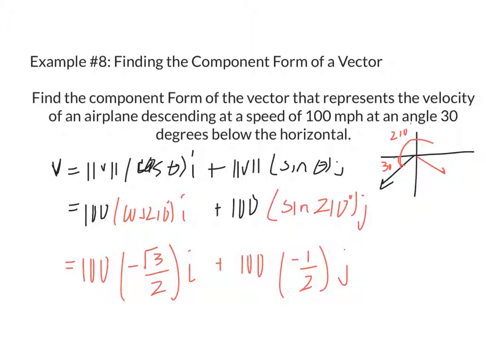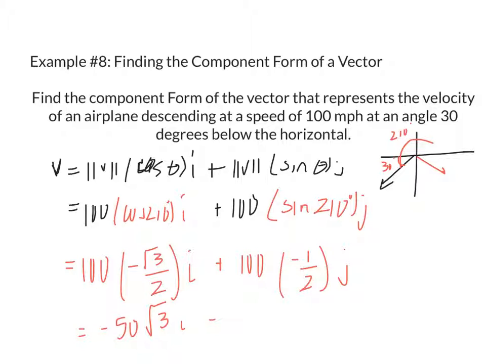And then that's j. So if we multiply the tops and then divide, we would get negative 50 square root of 3 i. I got that because I did 100 times negative square root of 3, which is negative 100 square root of 3. Divide that by 2 and I get negative 50 square root of 3.